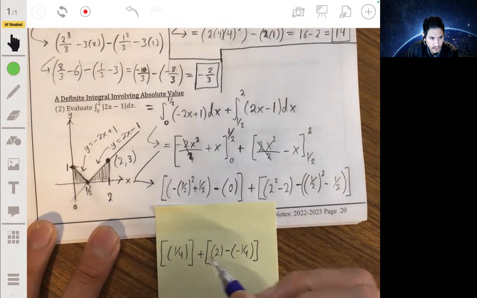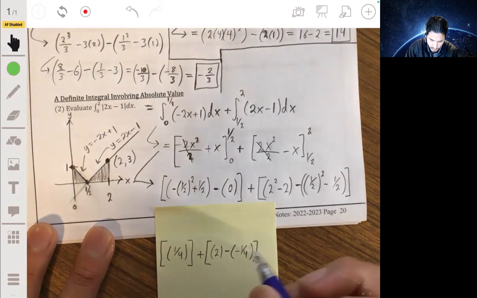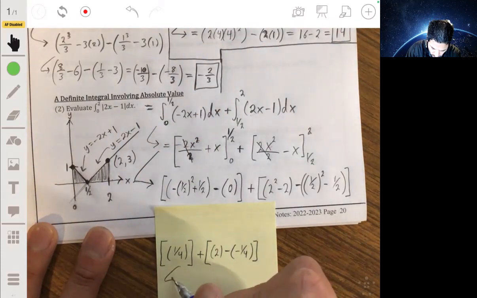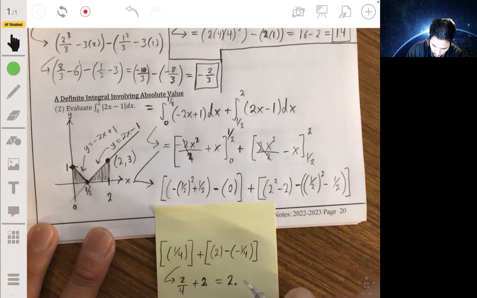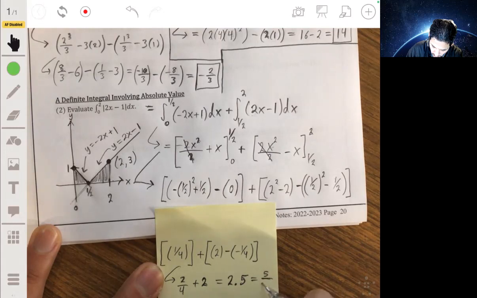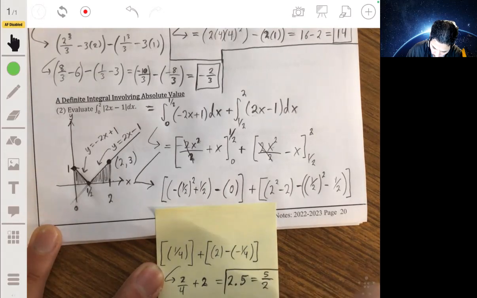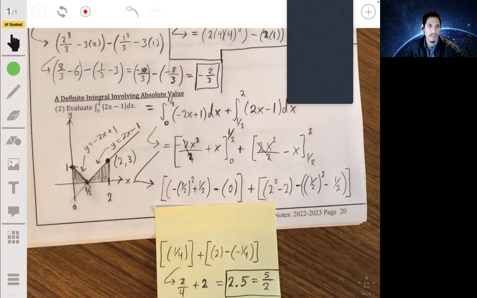So 1/4 plus 1/4, so 2/4 plus 2, or just 2.5. You could say 2.5 or 5/2. Either one is fine. And there you go. It's just that simple.